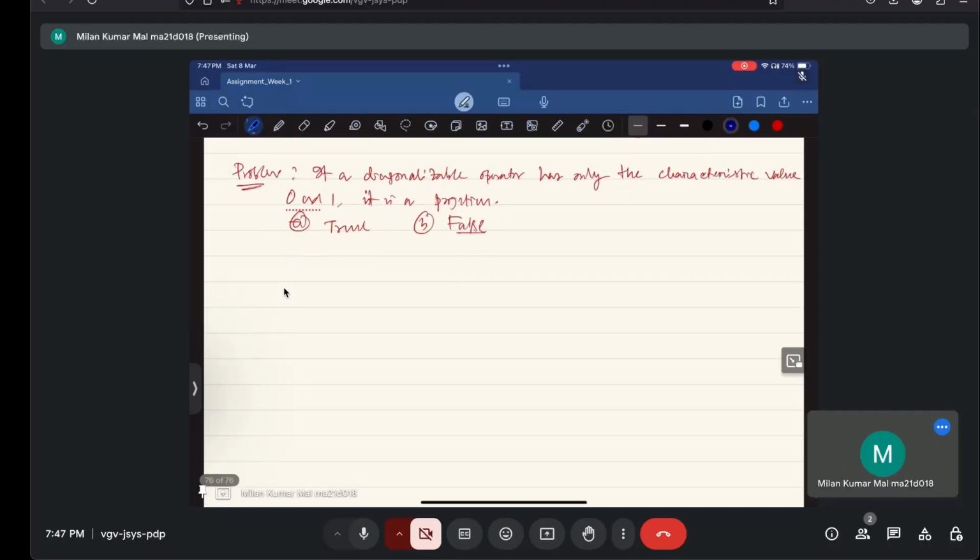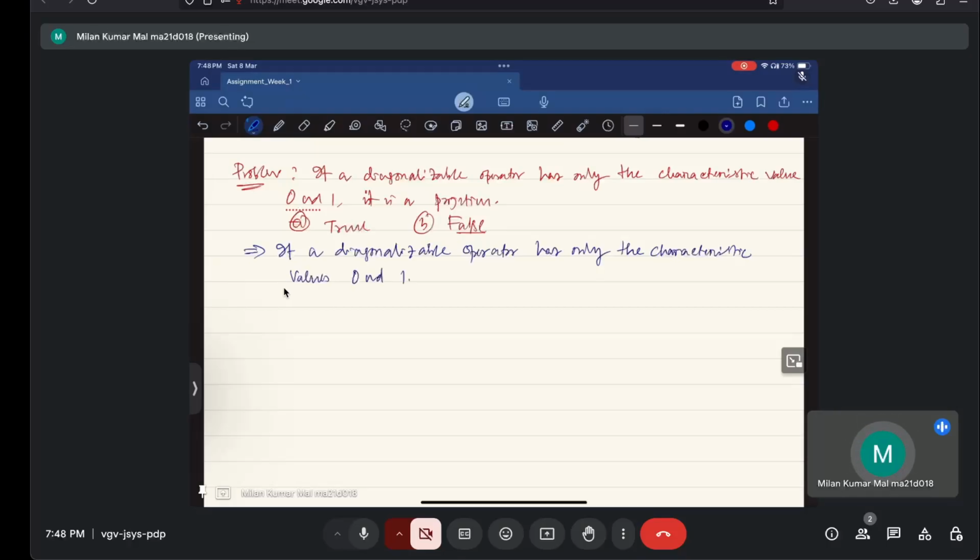Okay. So what it is saying is that if a diagonalizable operator has only the characteristic values 0 and 1, then its minimal polynomial is x into (x minus 1).